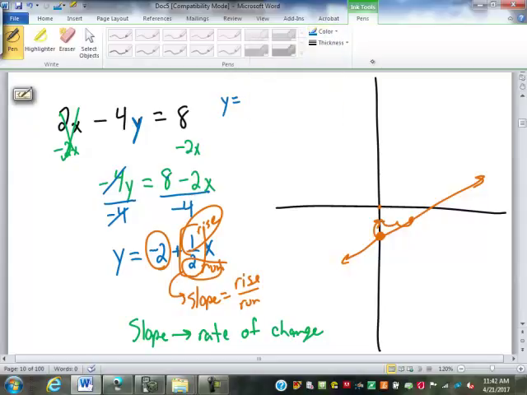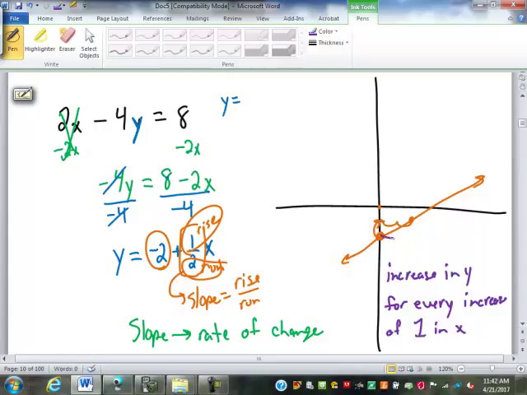But you could also think of that 1/2 as being the increase in y for every increase of 1 in x.